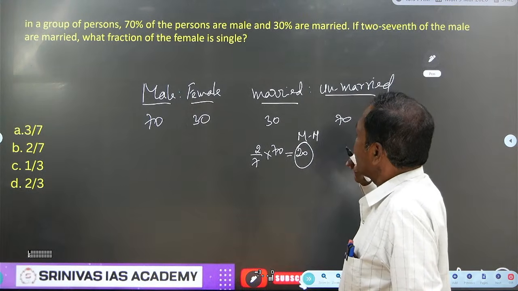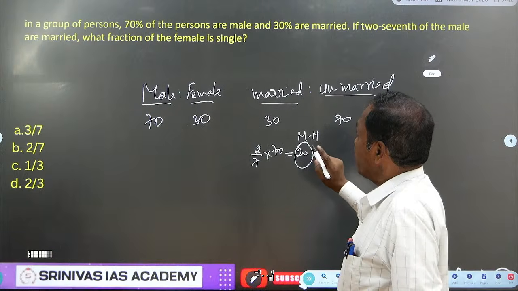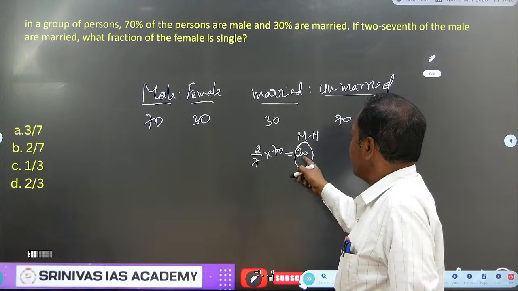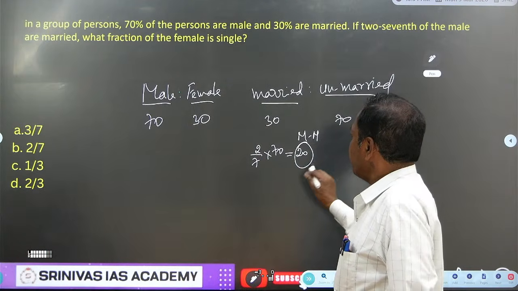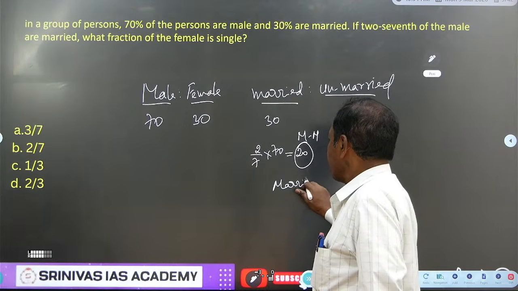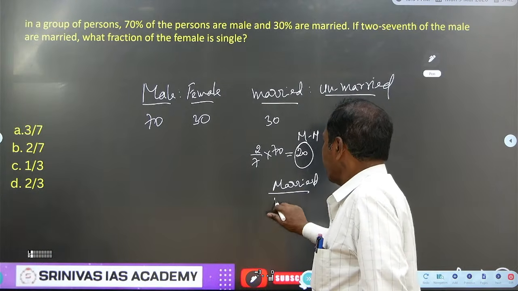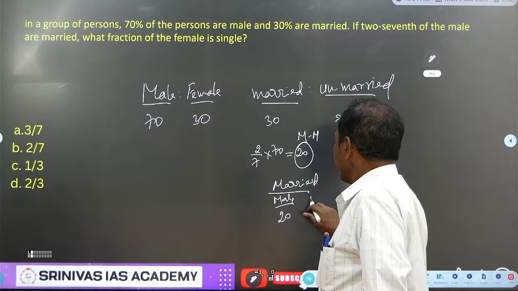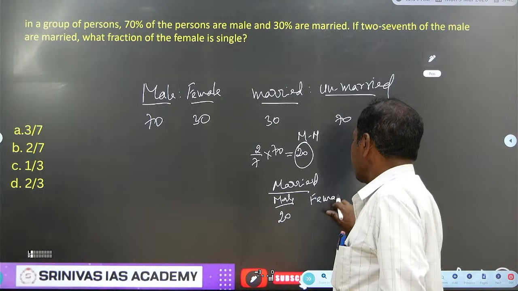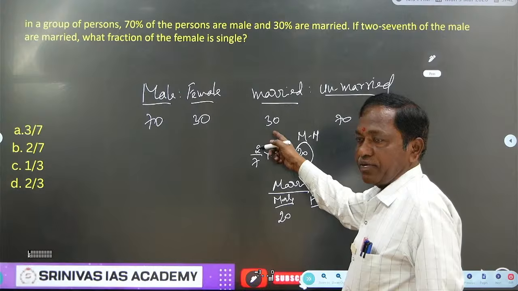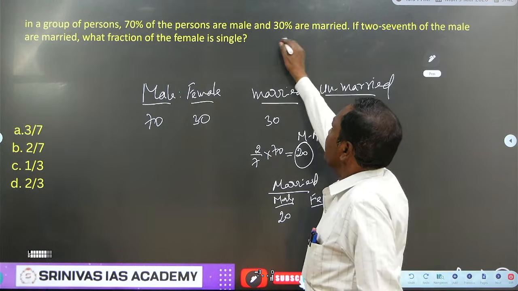It is correct that 2/7 of the males are married. 2/7 of 70 males, 20 are married. Married male is 20, and the total married is 30. 30% are married.